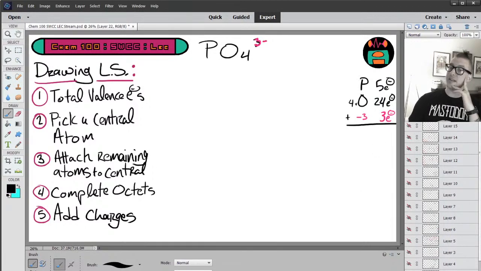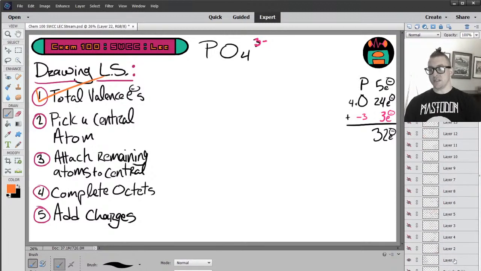So we need to add 3 electrons. Five plus 3 is 8. 8 plus 24 is 32. So at this moment, we have totaled our electrons.